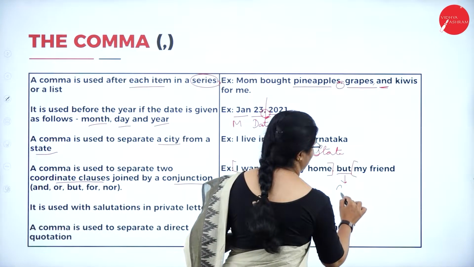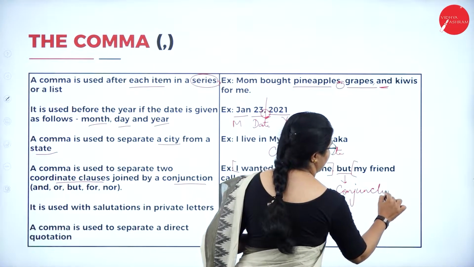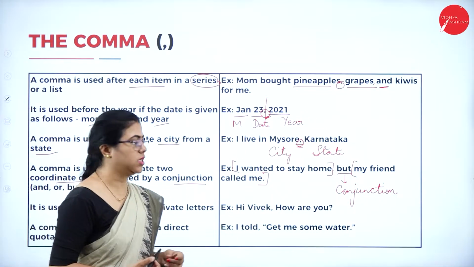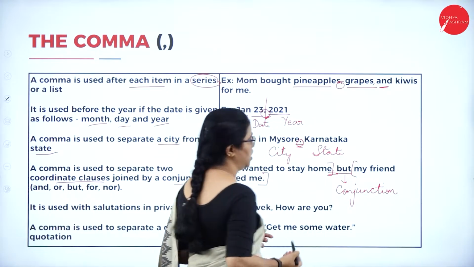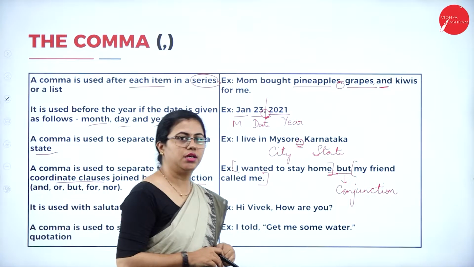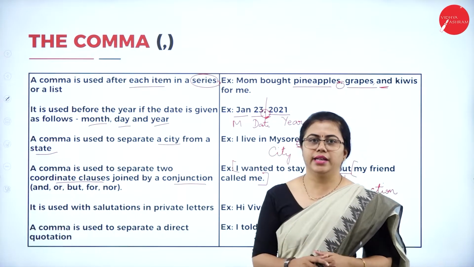This "but" is called a conjunction. A conjunction is a word that joins a sentence, or a phrase, or anything. In that case you have to use a comma just before the conjunction. There are rules for that also, which we'll be learning a little later.